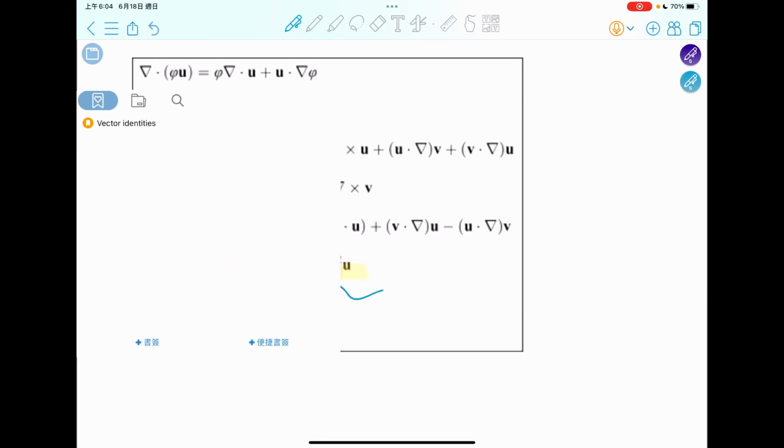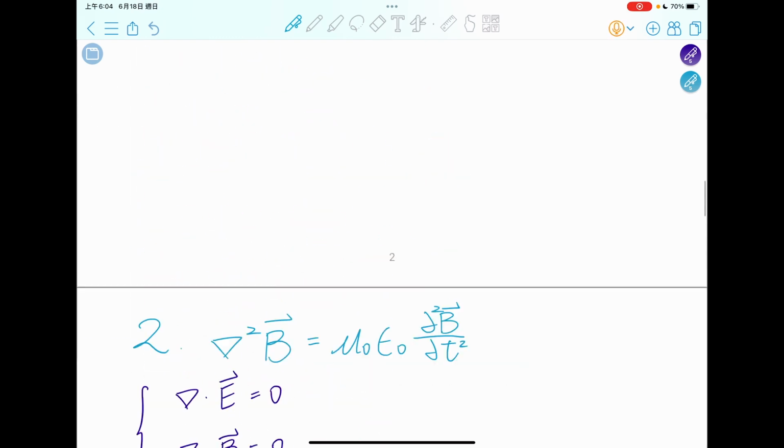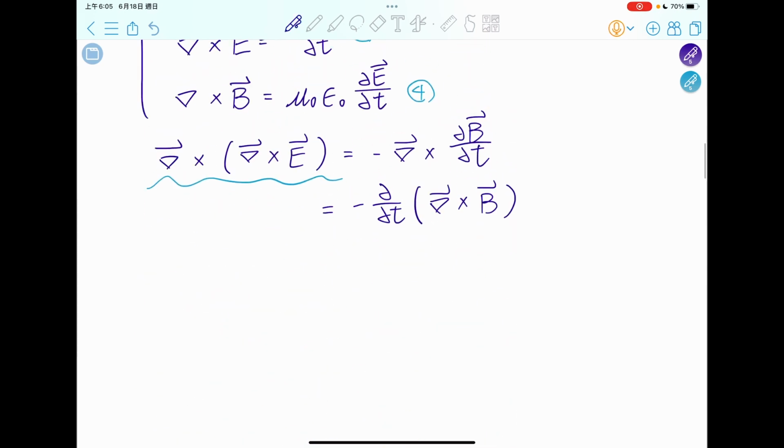So we can rewrite del cross del cross E as the gradient of del dot E minus the Laplacian of E.